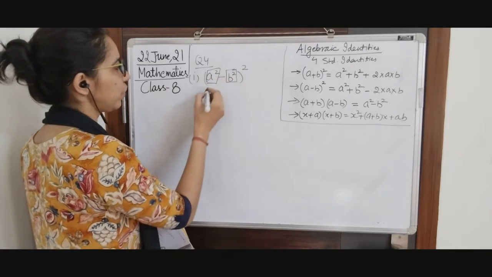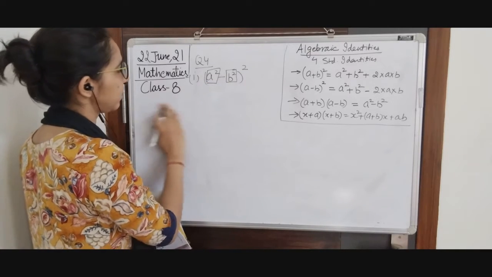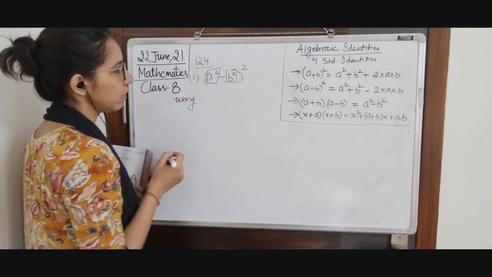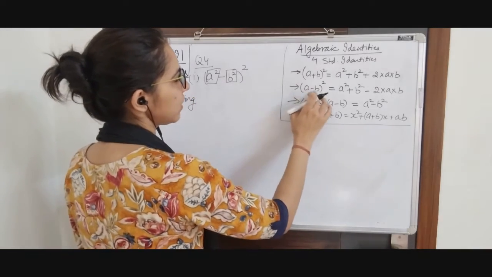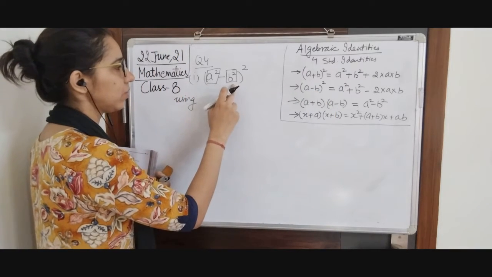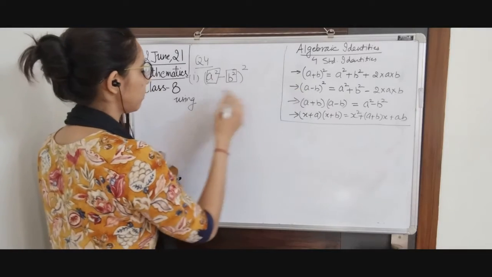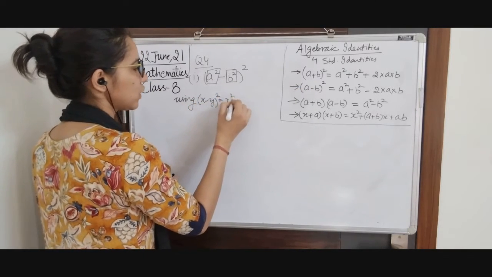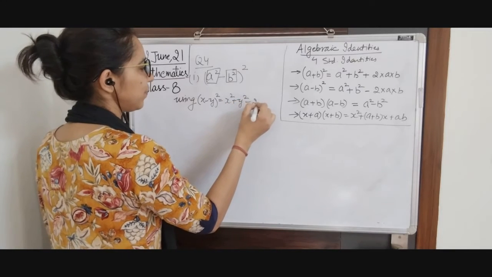So it will be equal to, we will use the second identity. I am changing the variables here. Instead of a and b, which might cause confusion, I am going to use x and y. So (x minus y) whole square is equal to x square plus y square minus 2xy.